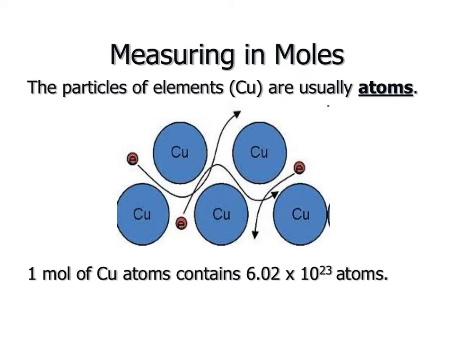Because a mole of copper atoms, 6.02 times 10 to the 23rd atoms, that's actually something. It's not big, but you can hold it in your hand. You can see it. It fits nicely in your palm. So using moles for atoms and molecules comes in very handy.